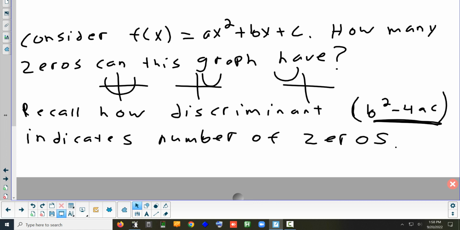What if b squared minus 4ac comes out negative? How many times? Zero, none. If it comes out negative, it doesn't cross at all. And then if this comes out to exactly 0, it means it crosses the axis 1 time. So the discriminant can quickly tell you which one of these 3 cases you have.